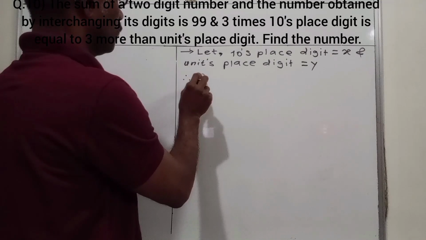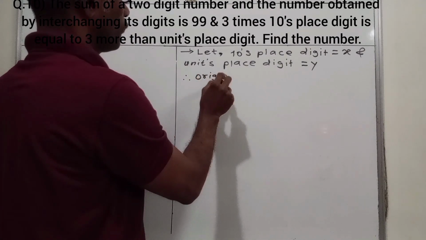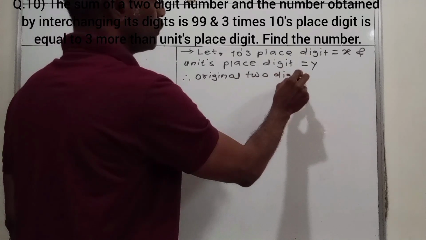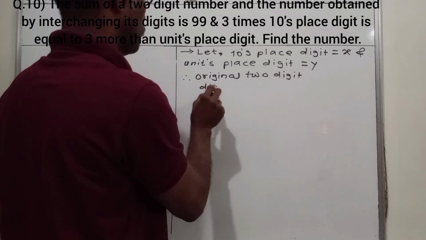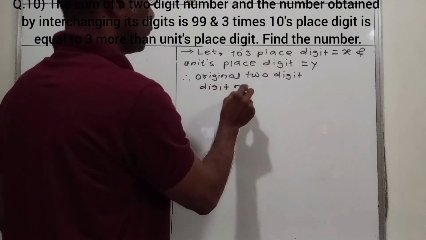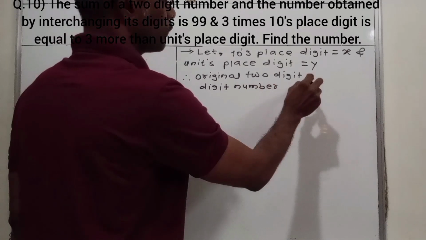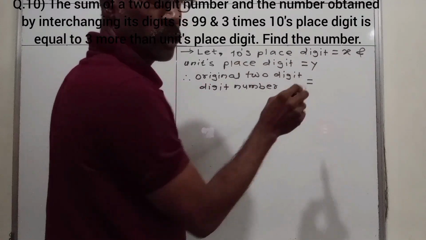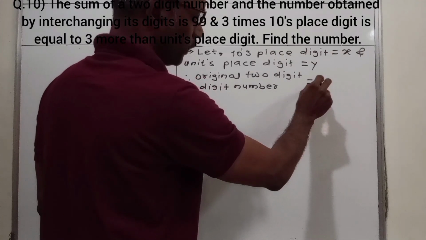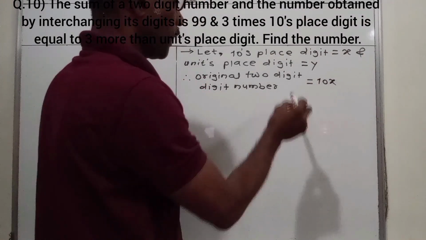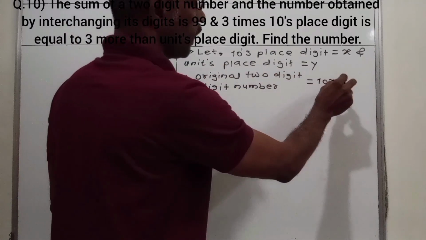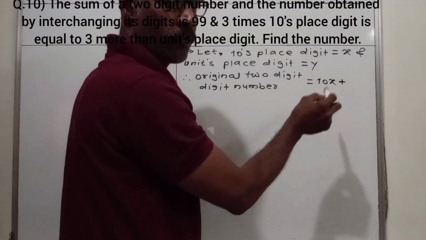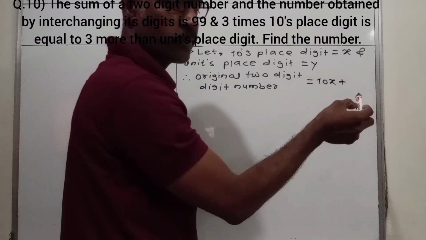Therefore, the original two-digit number is equal to tens place digit x, so we multiply the tens place digit by 10, and units place digit y, so we add this units place digit into 1 because units place.